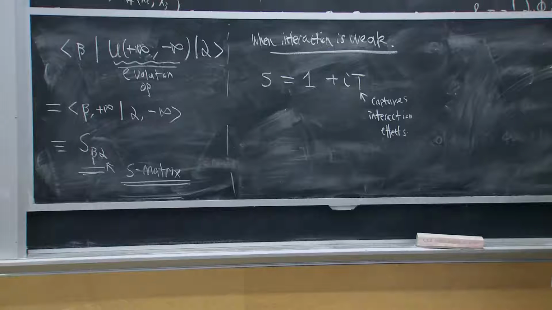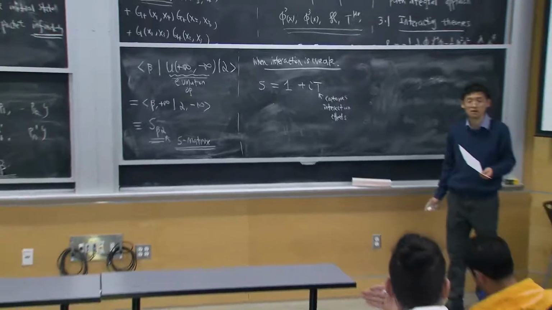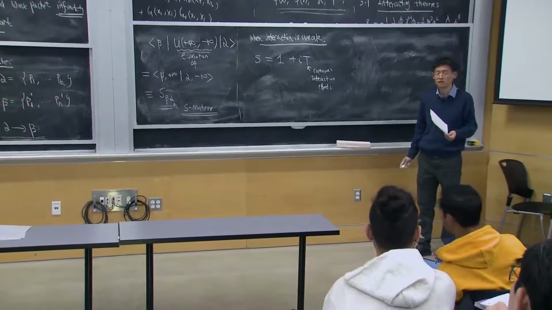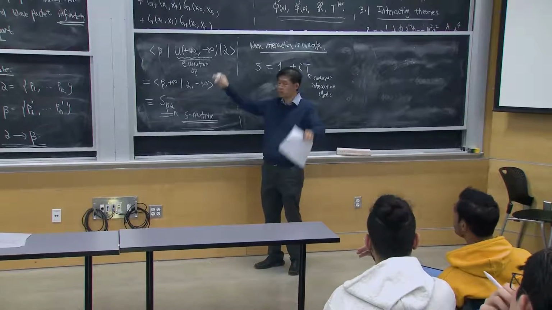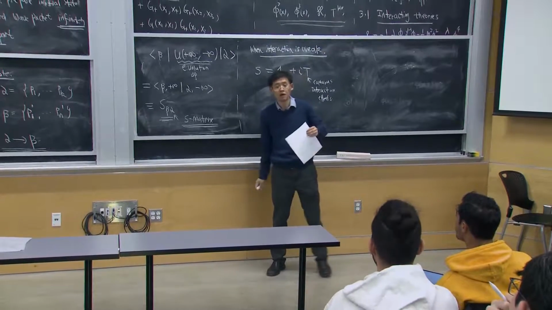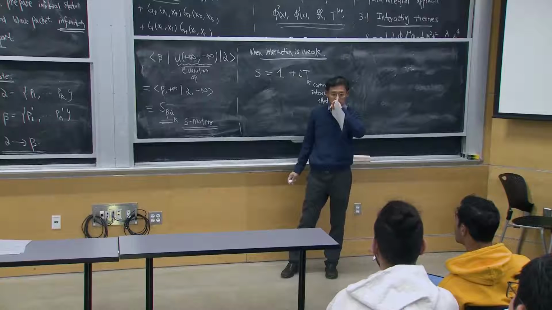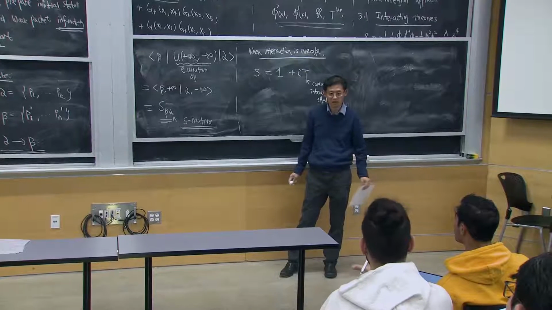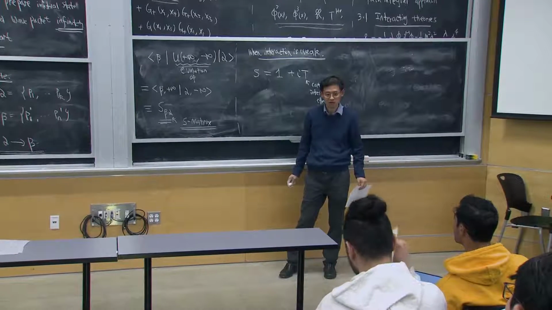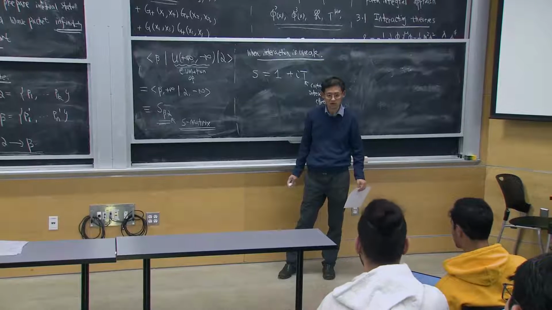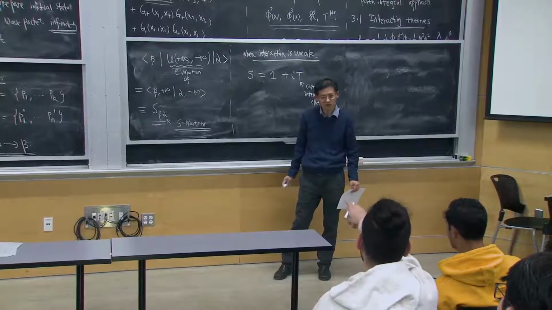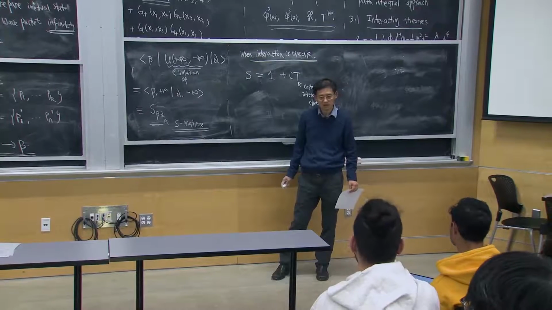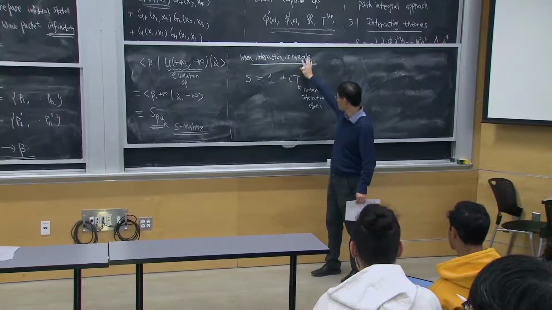Yes? I was interpreting the elements of the S matrix as the probability to end up in a certain state from an initial state. Yeah, the S matrix is the amplitude. For the probability you have to square it. But then why does it make sense that for weak interaction, as it goes to no interaction, the S matrix would be the identity? If there's no interaction, it will be identity.